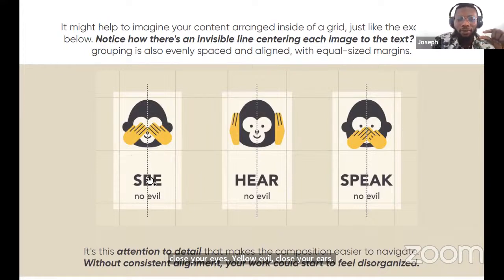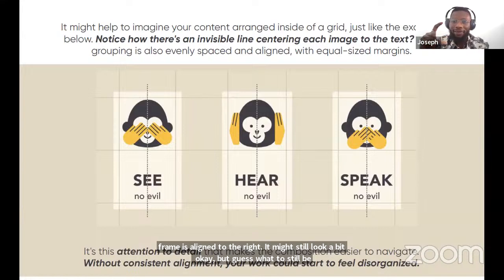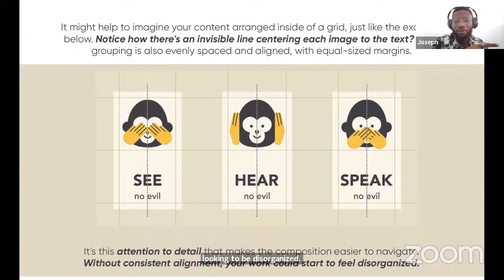But if the first frame is aligned to the left, the second frame is aligned to the middle, the third frame is aligned to the right, it might still look a bit okay, but guess what? It will still look a bit disorganized. And everything is aligned where? To the center. Do you get it? So alignment is important.